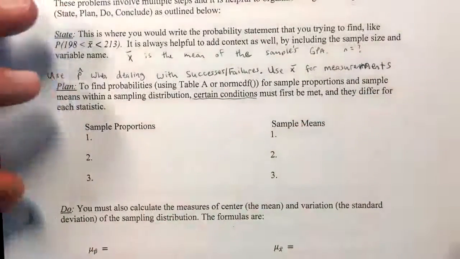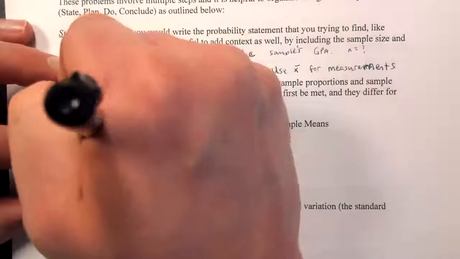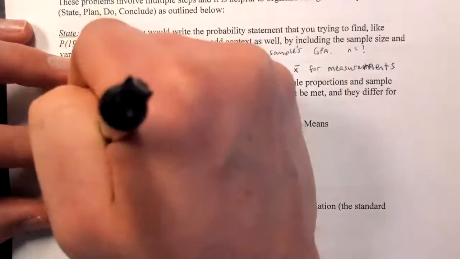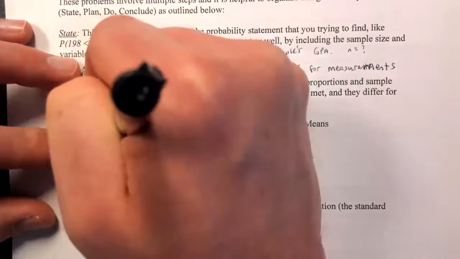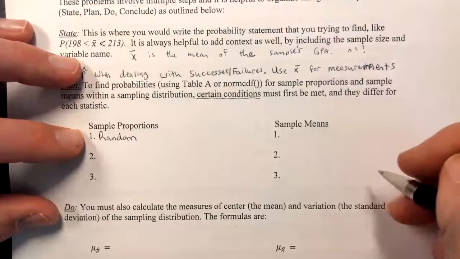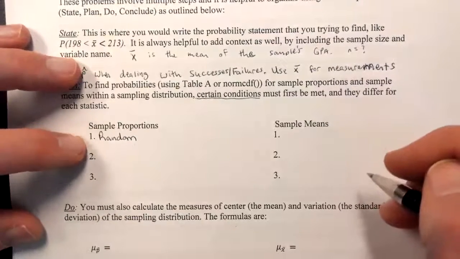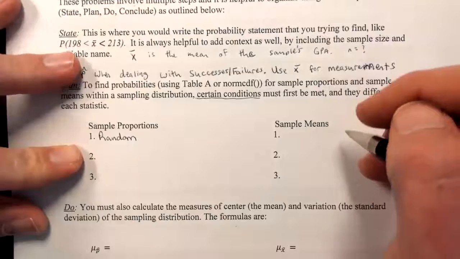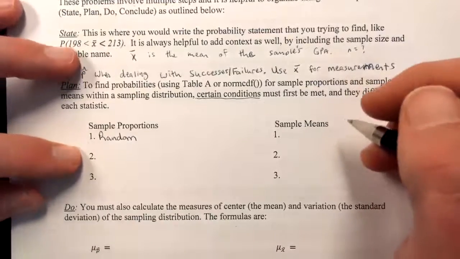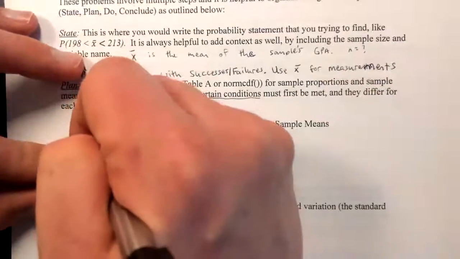The first condition for proportions is that you must randomly sample. You have to check and make sure that the sample was randomly selected. The second condition for sample proportions is the large counts condition.